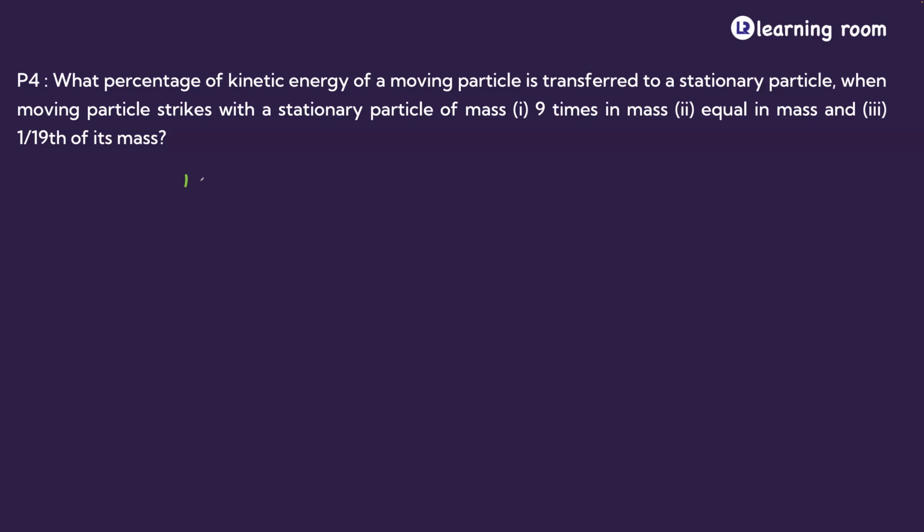Is that what everyone is getting? V1 is equal to minus 4 by 3 U1. Okay. Plus 4 by 5 minus 4 by 5. So you're getting 16 by 10 actually. 16 and 8 by 10.